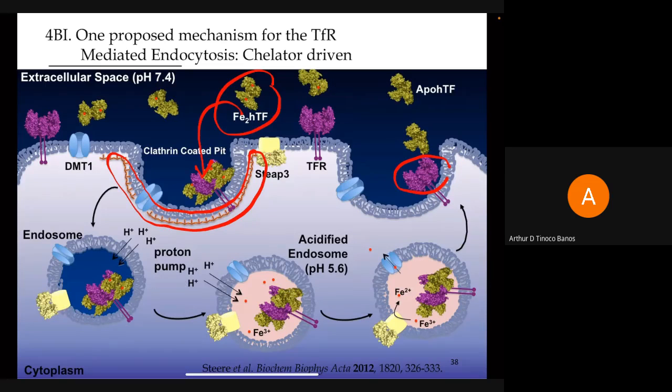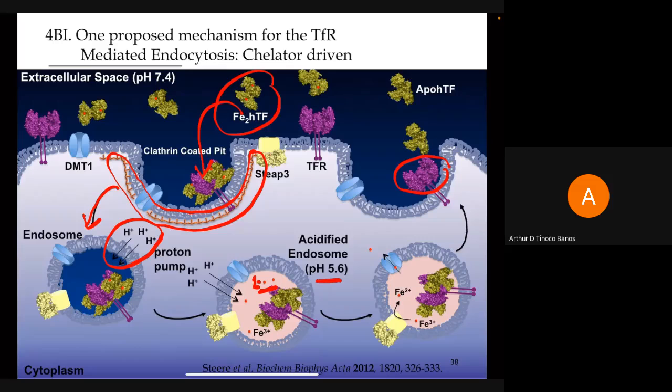Once the endosome is formed, you have this ATP pump that lowers the pH of the endosome to about 5.5 to 5.6. That acidification step appears to be coupled with the release of the iron from the protein. There could be chelators that become present and start to bind the metal, maybe forming some metal complex.